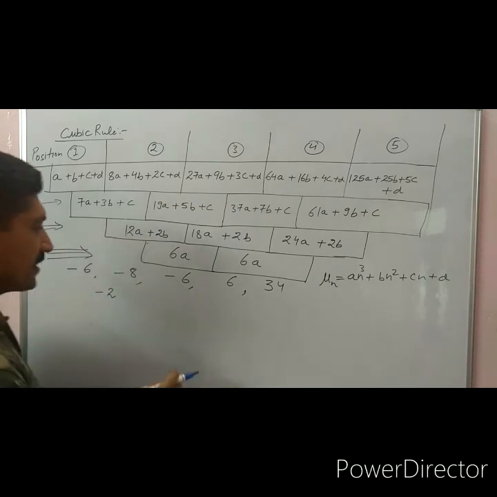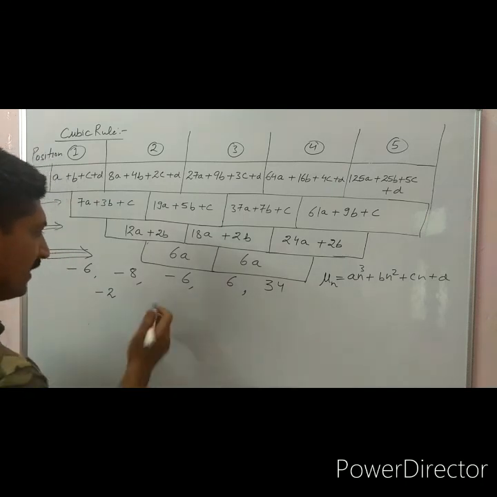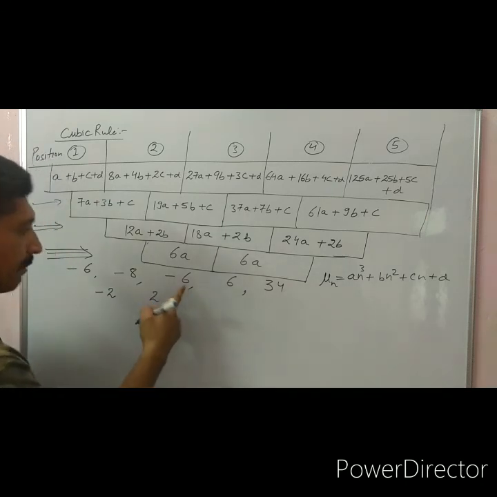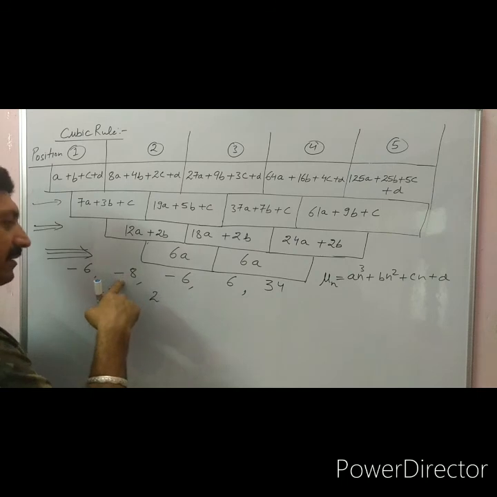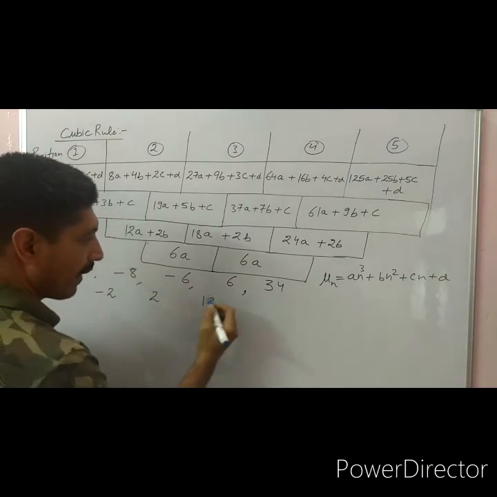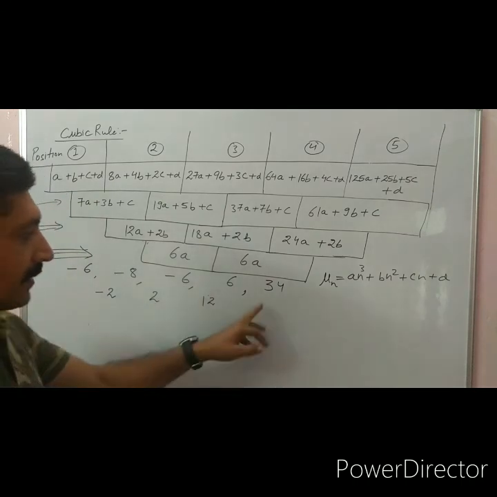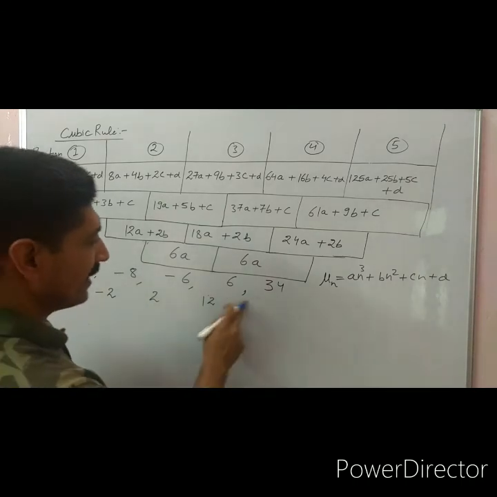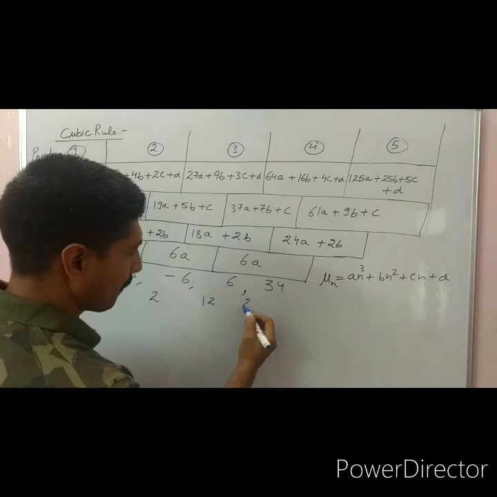The second difference is 2, here minus 6 plus 8 is 2, here it is 12, and the last difference is 28.